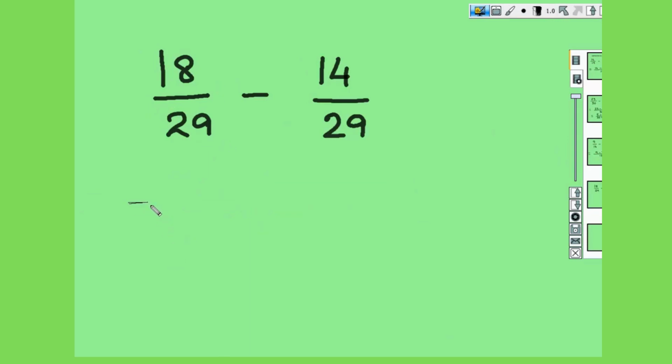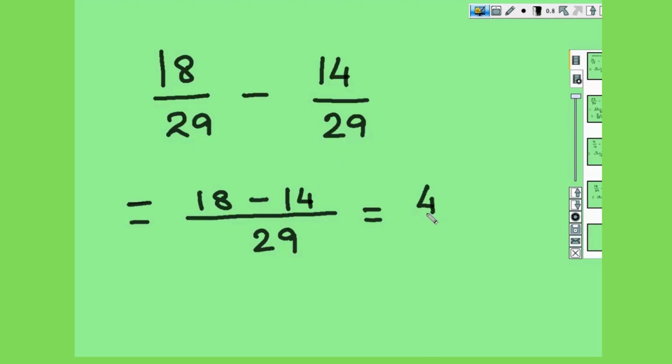I write down the common denominator, an equal to sign over here, 29, and I have an 18 and a 14 over here as the two numerators, and simply I write down 4 out of 29. So my subtraction of like fractions is done. Hope you understand how to solve the subtraction of like fractions.